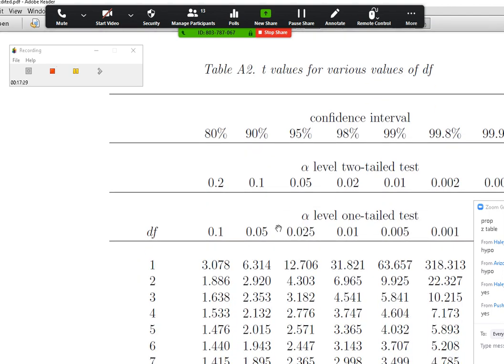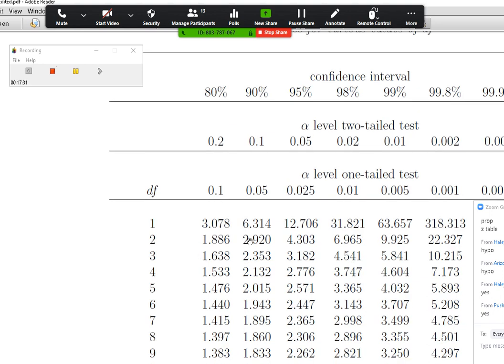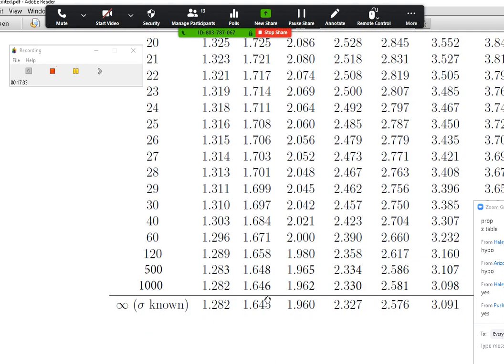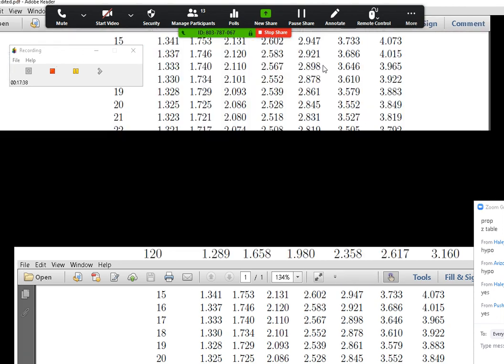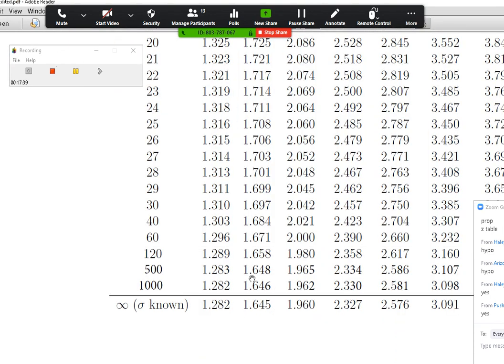Right-tailed, one-tailed, 0.05, all the way down. Did I do that right? 1.645. No, sorry, there it is, 1.645. Remember, this bottom row is your z-table. These are the only z-scores you're going to need for this exam.